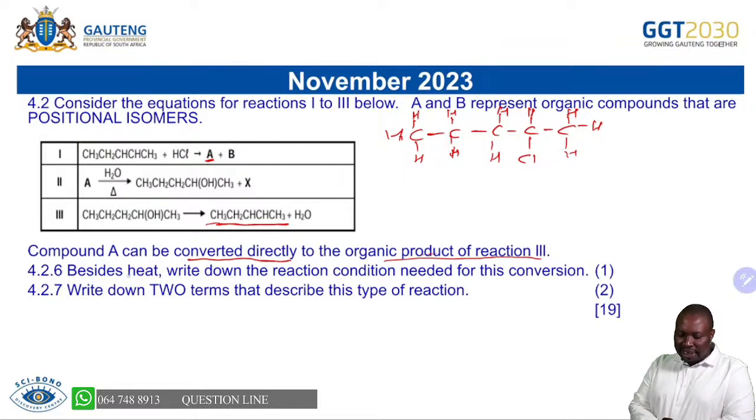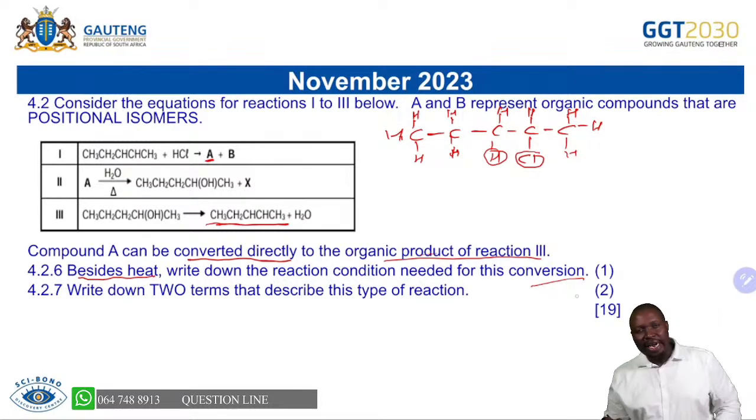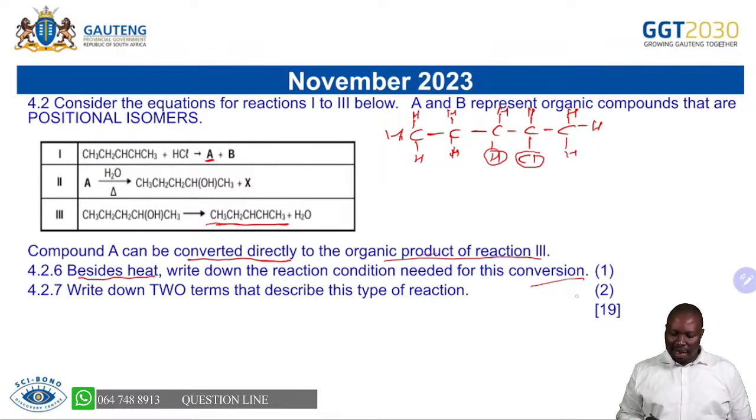So now they're saying beside it, write down the reaction condition needed for this conversion. So when you want to remove the Cl and the hydrogen there, which reaction condition are you going to utilize? In this case you are removing an acid.